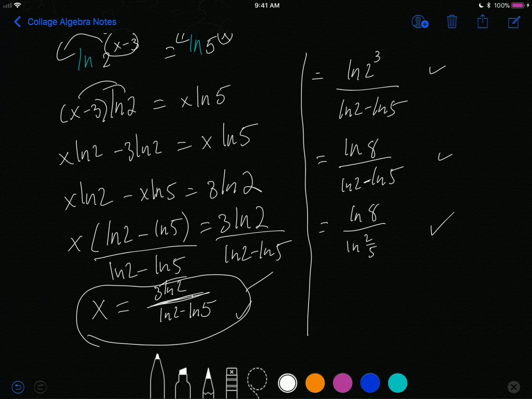I don't know if you remember that formula from 5 years ago, but the change of base formula says that I end up with the same log on the numerator and the denominator. And so I can write this as log base 2/5 of 8. 1, 2, 3, 4, 5 different ways of giving the same answer to the same problem. Sheesh, right? But that's how you solve that problem right there.